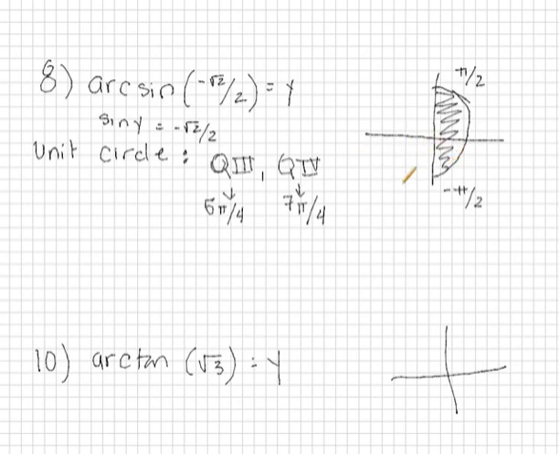As you can see, we haven't highlighted anything in quadrant 3 over here. So we're going to cross out the answer in quadrant 3, and we're only going to use the answer from quadrant 4. But instead of calling it 7 pi over 4, because that means we would have to go all the way around to get over here, we actually just move backwards, and we're going to call it negative pi over 4. So the arc sine of negative rad 2 over 2 is negative pi over 4.